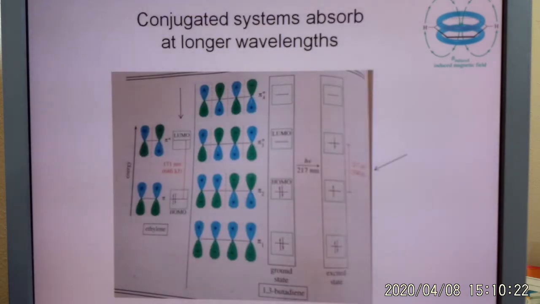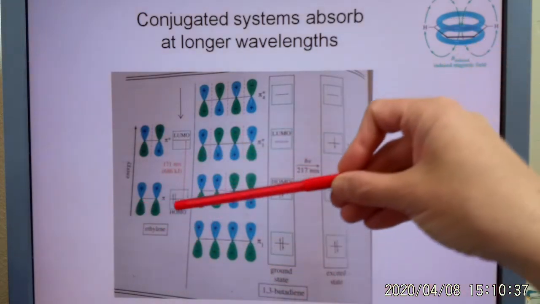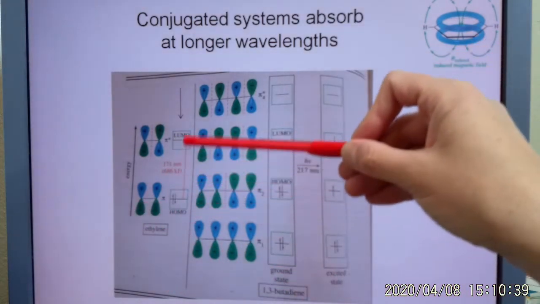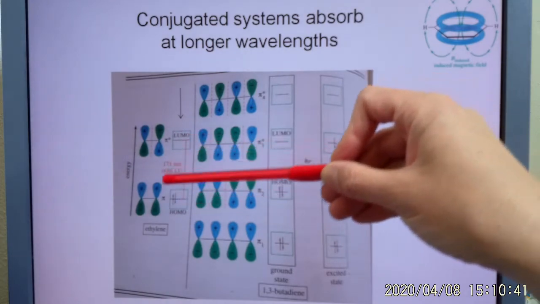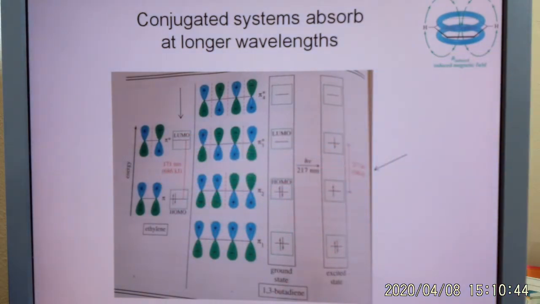Okay, so let's just go through. The greater the conjugation, the lower your frequency, the longer your wavelength. So in ethylene, here's my HOMO, here's my LUMO. You do your pi to pi star. That's what we're looking at for the transition. If I do a pi to pi star here, it's at 171 nanometers.